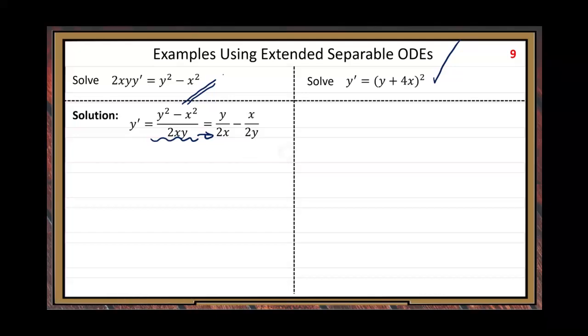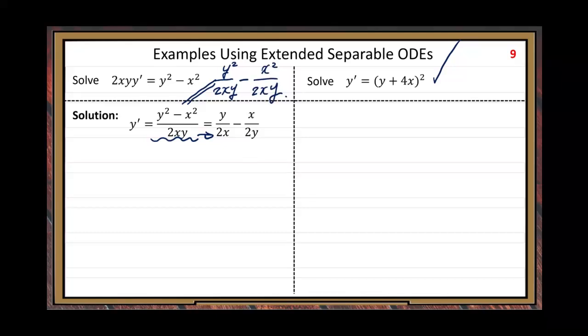So that is, we can write y squared over the denominator 2xy first, minus the second part, x squared over the denominator 2xy.